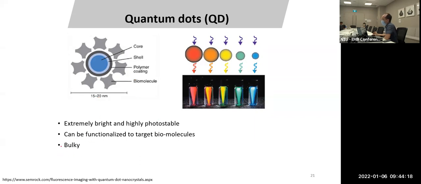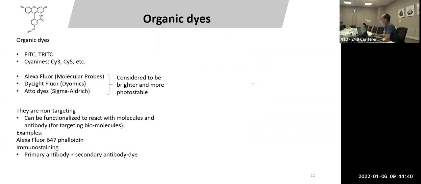Also, if you are doing live cell imaging, you have to think about how to get these quantum dots into your cell or into your organism. So it's not that straightforward. That's why it's not that popular compared to, for example, organic dyes, which are much smaller, as well as the fluorescent proteins. So that's just one slide for quantum dots. It doesn't mean that it's not useful, but it's usually not used that much, at least in molecular cell biology.